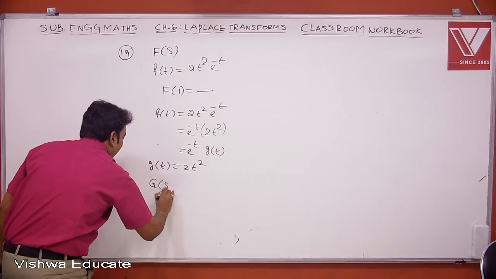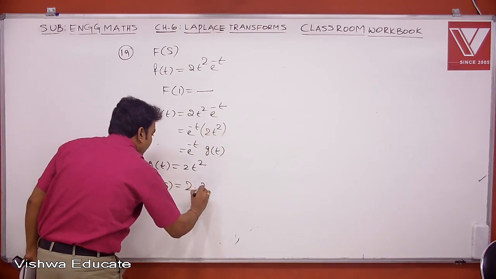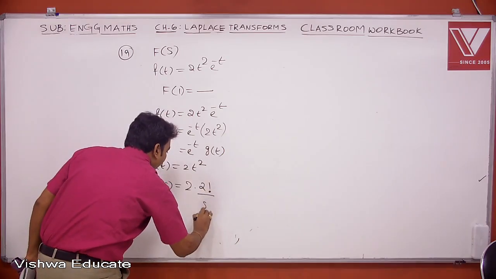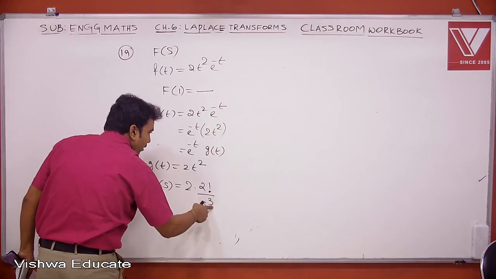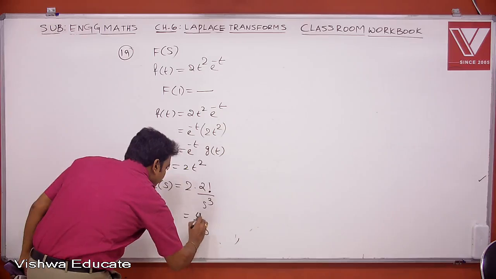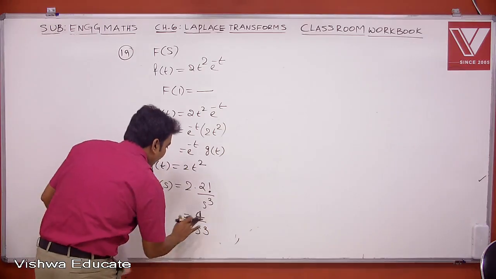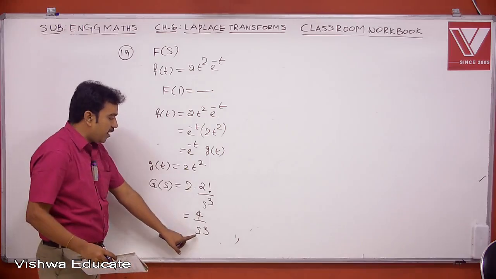Therefore, its Laplace transform is 2 into Laplace of t square, 2 factorial divided by s cube. T power n rule: n factorial by s power n plus 1. So therefore, this is 4 by s cube. So here Laplace of small g of t is 4 divided by s cube.